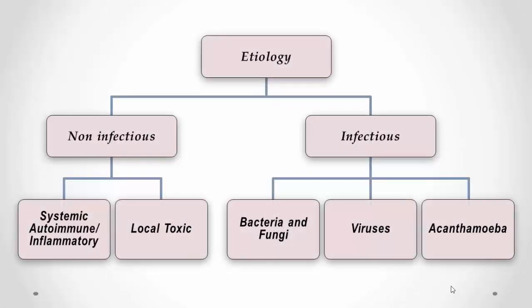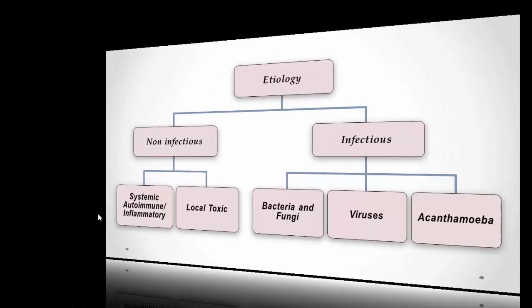By etiology, corneal ulcers are of two types: infectious, which is caused by different microorganisms like bacteria, fungi, viruses, and protozoa like Acanthamoeba, and non-infectious, like local toxic effects of drugs and systemic autoimmune or local or systemic inflammatory diseases.